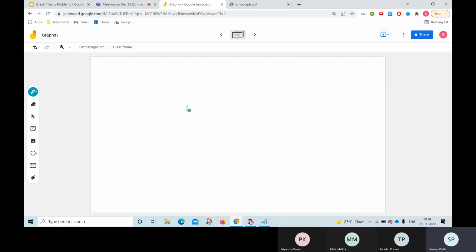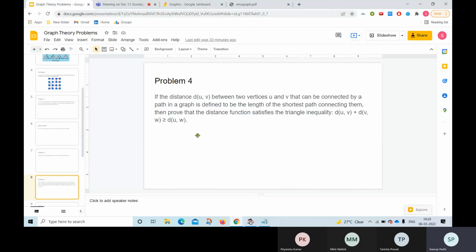So if you have U and W, then d(U,W) is the length of the shortest path between them, and there is another vertex V, with paths UV and VW. We need to prove that this is always true.